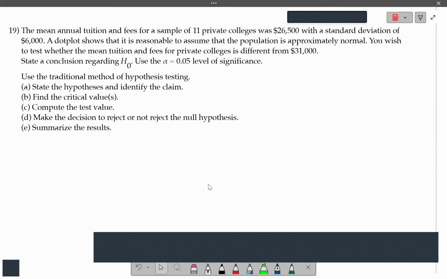That standard deviation is only for the 11 colleges. They even wrote 11 there. So 11, is it bigger than 30 or smaller than 30? Smaller. If smaller than 30, automatically you go to the T table. You understand? So here, 11 is less than 30. I go right away to the T table.